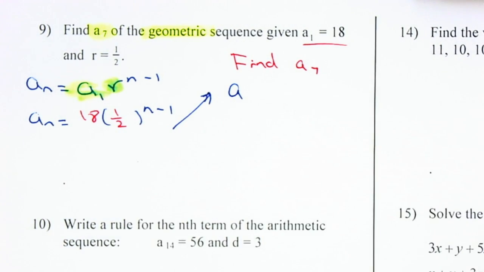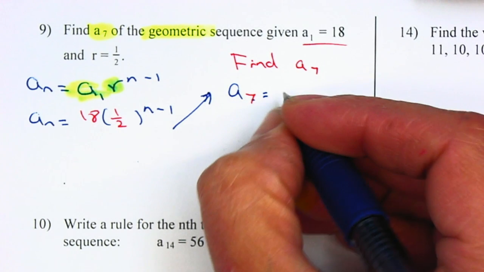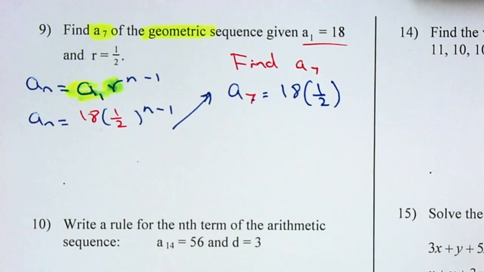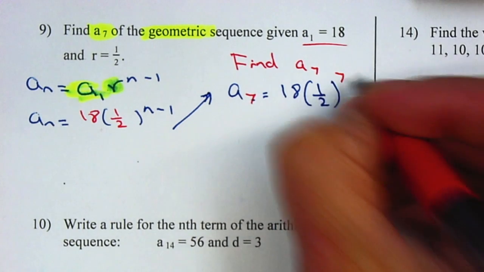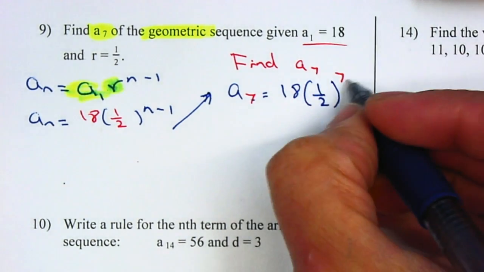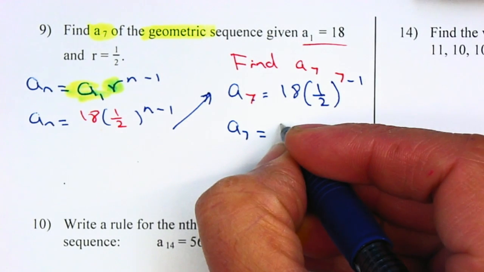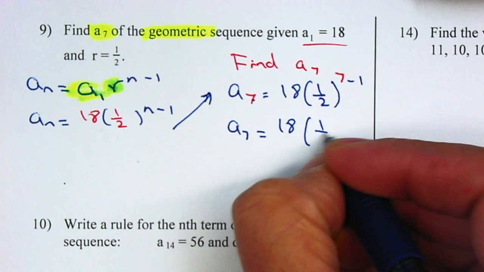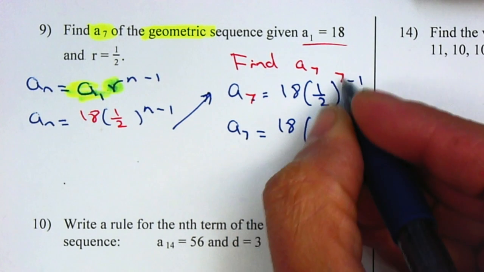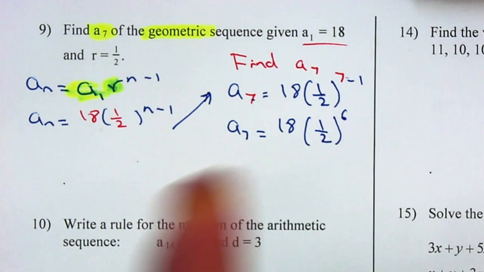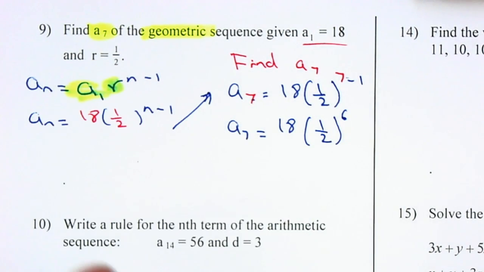So a sub 7 is equal to 18 times 1/2. Instead of the n, I'll replace it with a 7 minus 1. So a sub 7 is equal to 18 times 1/2 to the 7 minus 1, which is 6. So 1/2 times 1/2 times 1/2 times 1/2 times 1/2 times 1/2.